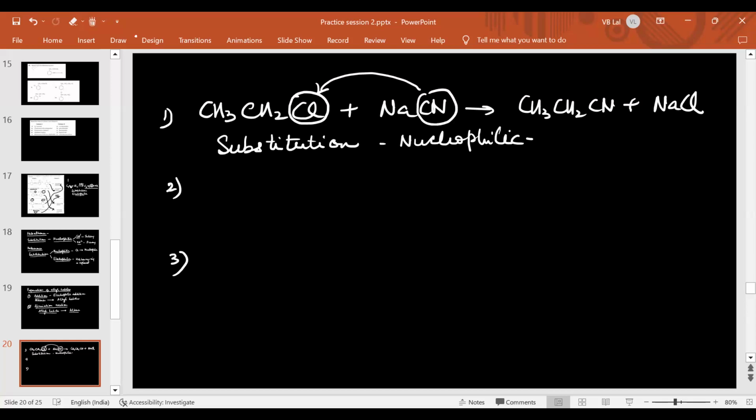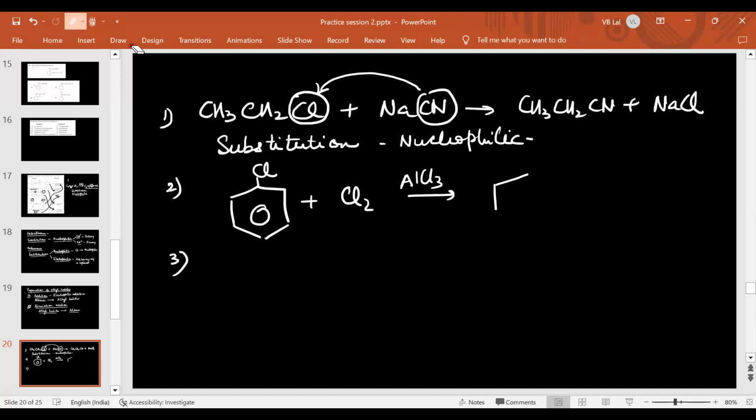Now the other reaction is, this is the benzene ring, chlorobenzene. And I reacted with chlorine in presence of AlCl3. Instead of chlorine, I will take CH3Cl.